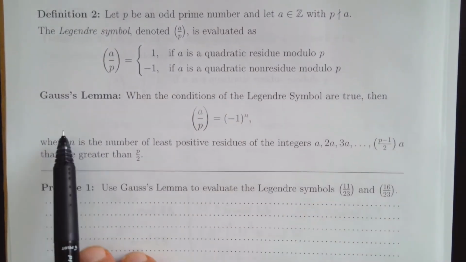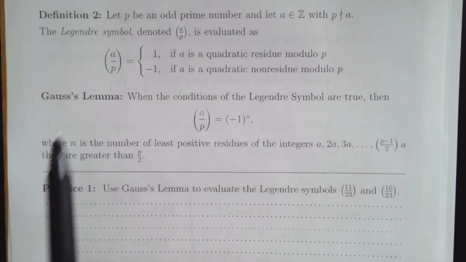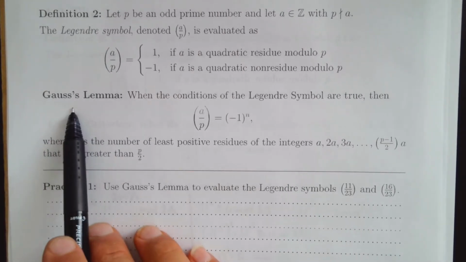Okay? So in previous videos we talked about Euler's criterion. Here we're going to use Gauss's lemma.